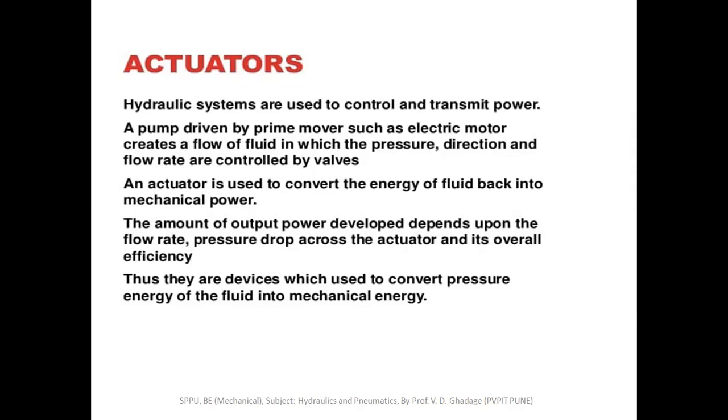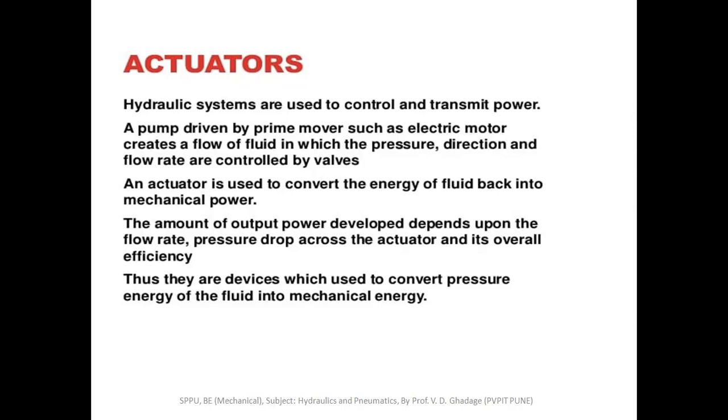A pump driven by a prime mover, such as an electric motor, creates a flow of fluid in which the pressure, direction, and flow rate are controlled by valves. An actuator is used to convert the energy of fluid back into mechanical power. The amount of output power developed depends upon the flow rate, pressure drop across the actuator, and its overall efficiency.